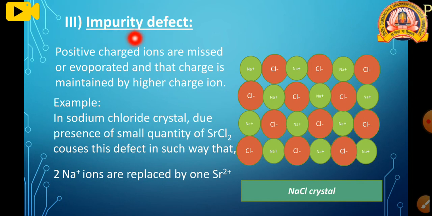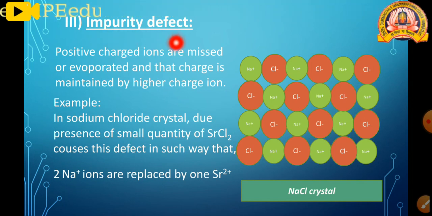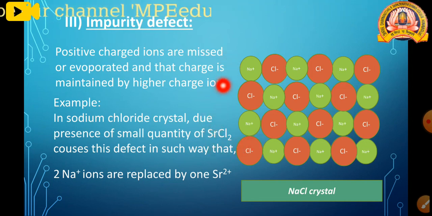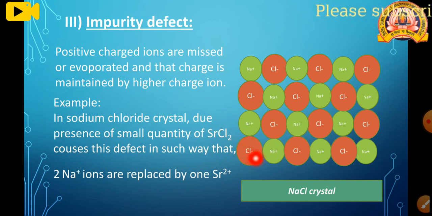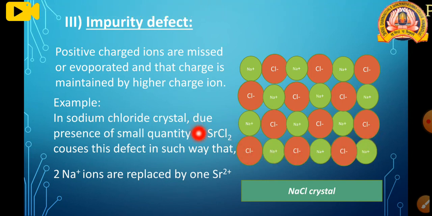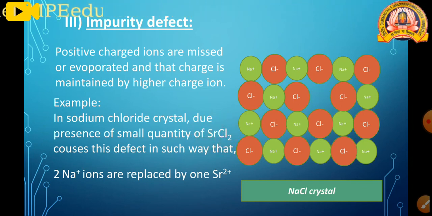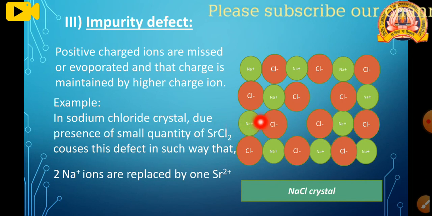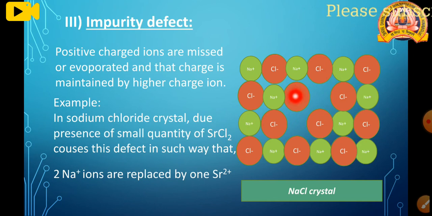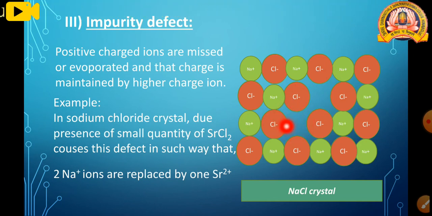Mainly we observe the metal deficiency defect in these 3 metals, because they show multiple oxidation states. In a similar manner, we observe the impurity defect, but in this case a different ion, or higher oxidation state ion, takes the vacant space caused by the cations.